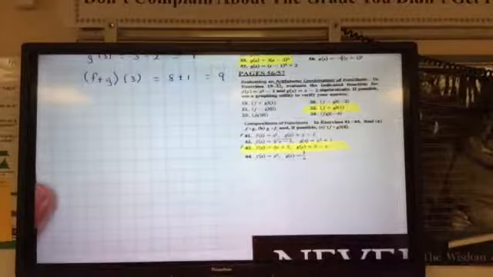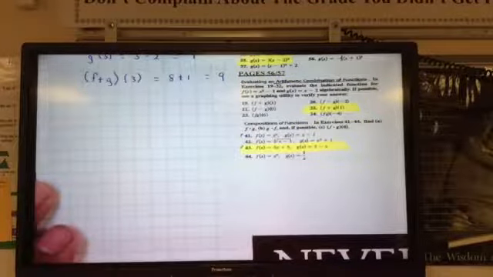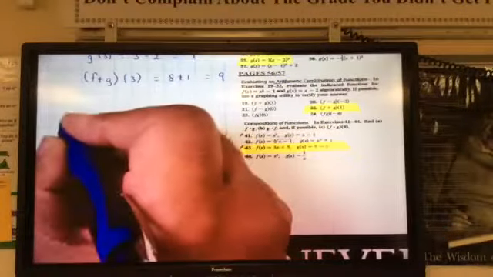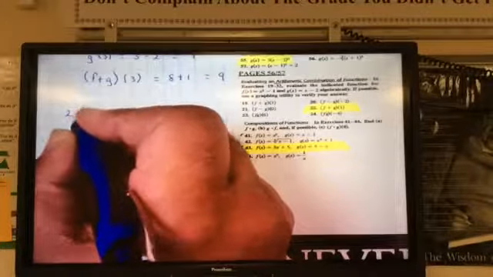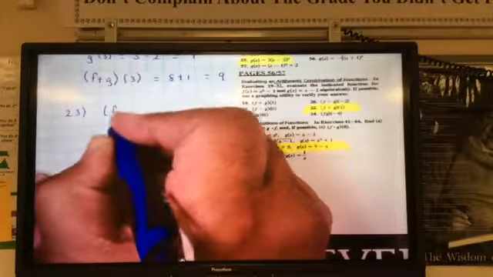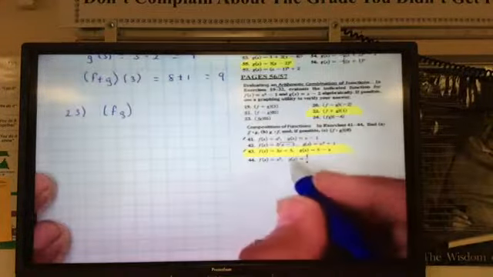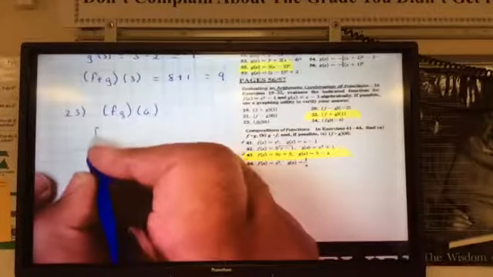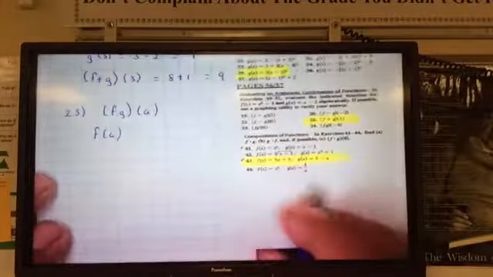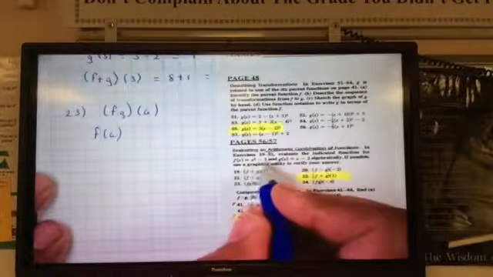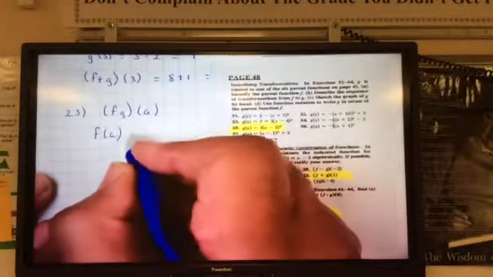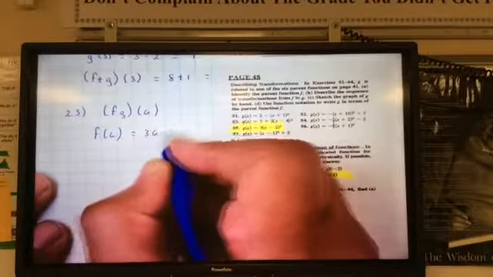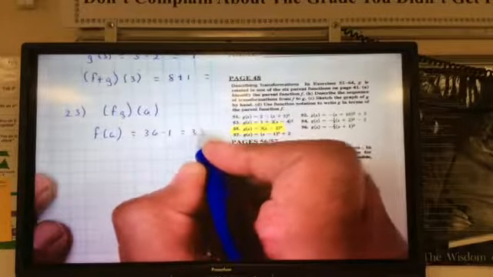Let's do one more of these. Let's look at number 23. Now 23 is fg. Now that means multiply. So fg of 6. So f of 6 is going to be 6 squared minus 1. So that's 36 minus 1 is 35.